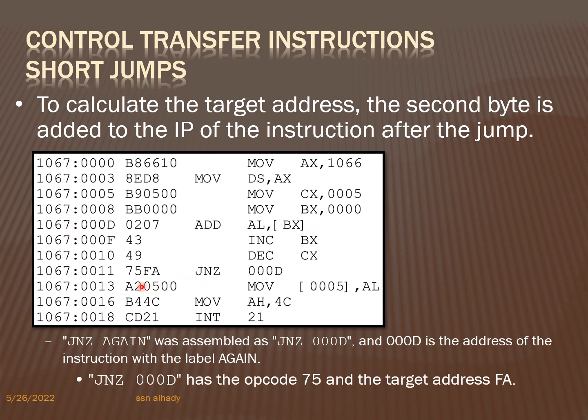Since it is backward, FA here is the two's complement. 75 is the opcode of jump non-zero, where FA is the two's complement of the displacement, which you are going to add to the instruction pointer address.